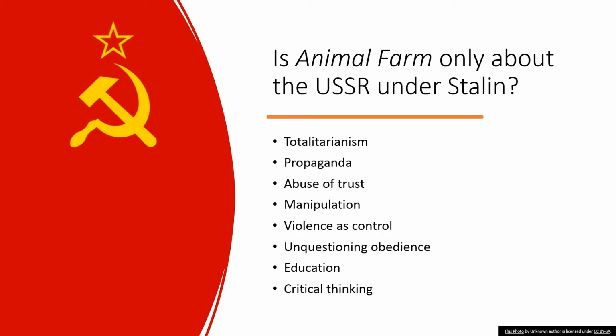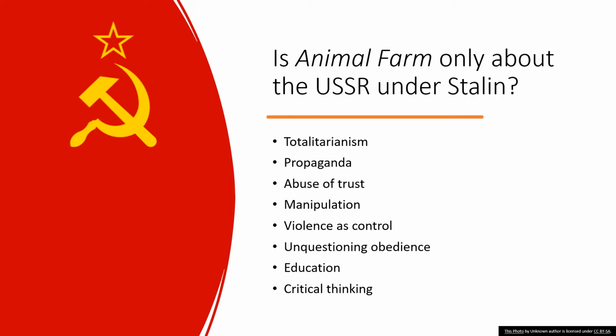So is Animal Farm only about the USSR under Stalin? It doesn't only take aim at Soviet communism. As I said, the 20th century was an age of totalitarianism in which propaganda, and we see propaganda made fun of in this book, became a thing. Mass communication. The abuse of trust in leaders is a topic.